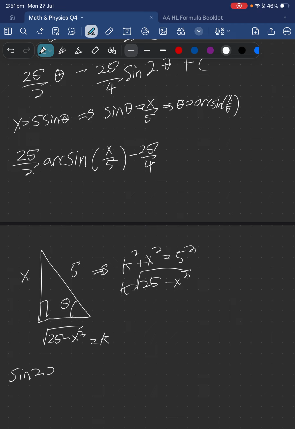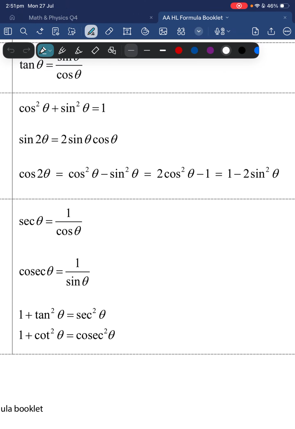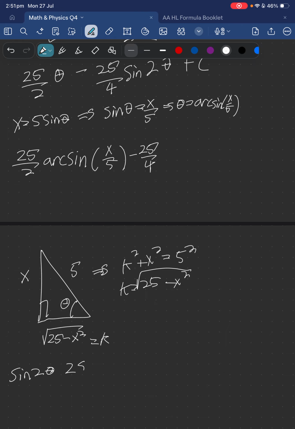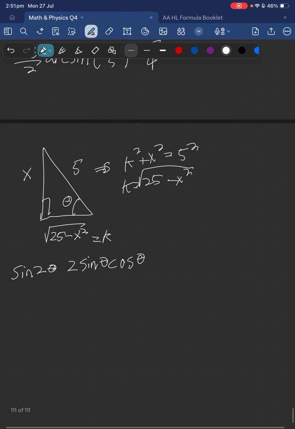Why is that important? It's because sine of 2 theta can be written in a different form. And that's in the formula booklet, right? It can be written as 2 sine theta cosine theta, which is equal to 2 times sine theta. Sine theta is x over 5.